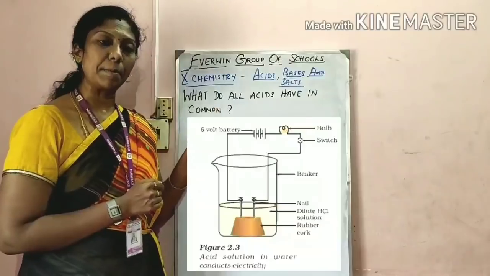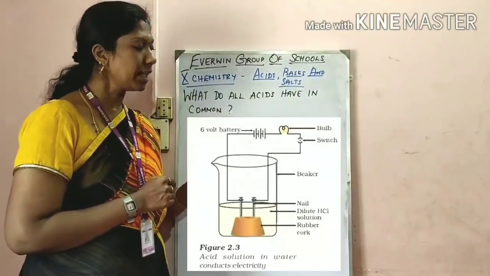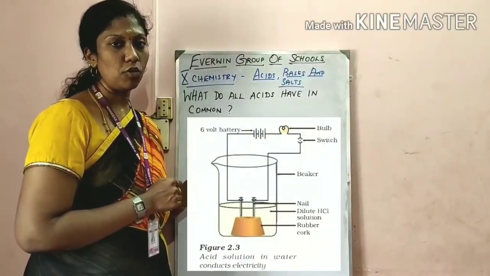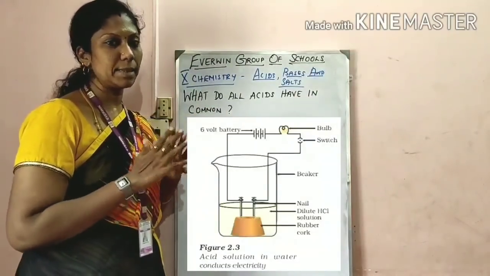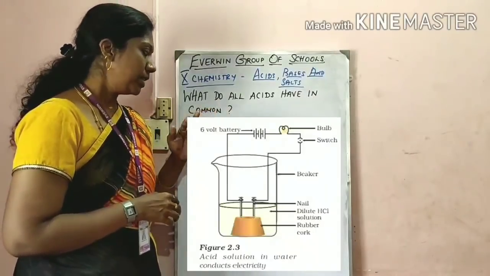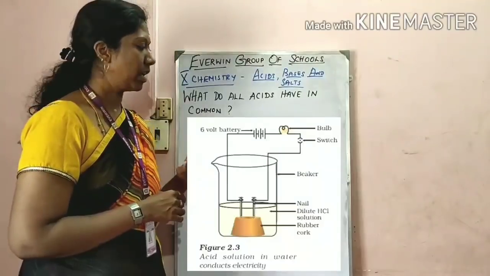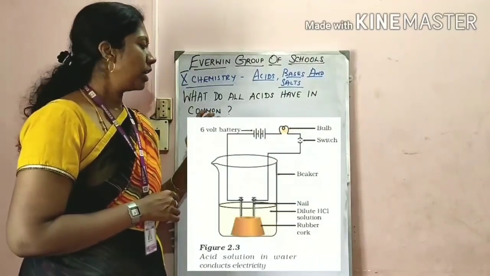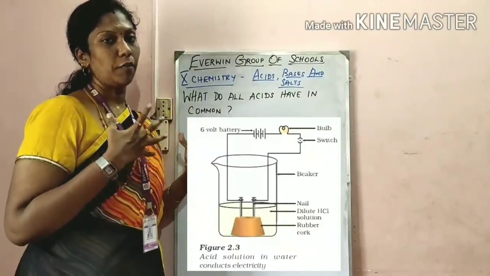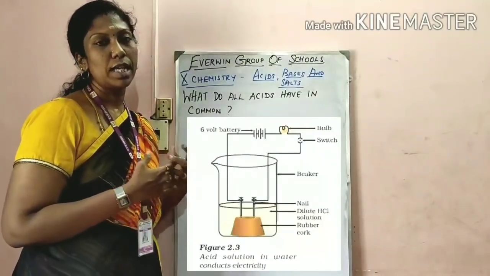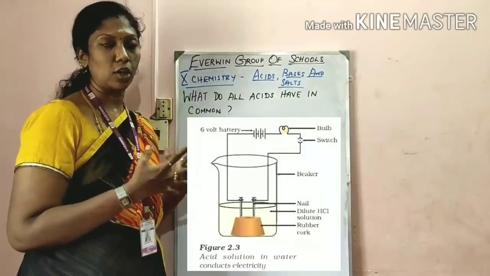Repeat the same experiment with sample solution B, which is dilute nitric acid. The same inference is found, that is, the bulb started to glow when the electricity is passed. The same thing is repeated for sample C and sample D as well. But in contrast, the bulb does not glow when current is passed through sample C, which is glucose, and sample D, which is alcohol.